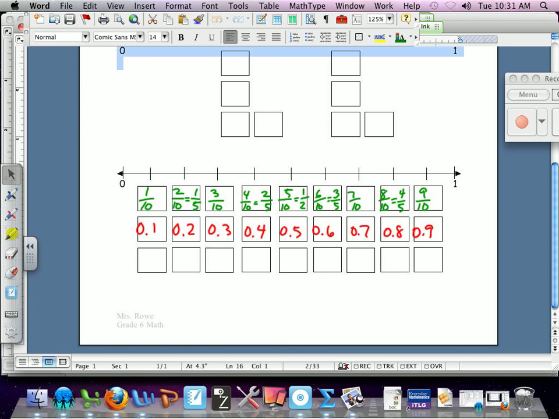And then every time I have a tenth of an object or a tenth of an amount, I have 10% of it. So here I have 10%, and then if I have 1/5, that's the same as 2/10, so that's the same as 20%. 3/10 would be 30%. 2/5 is the same as having 40%, 40 per 100. 50%, 60%, 70%, 80%, and 90%.